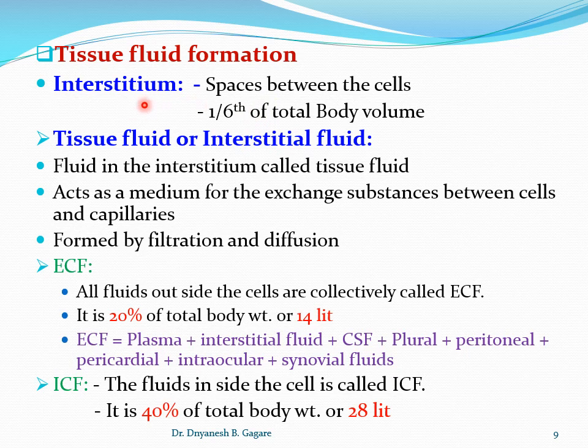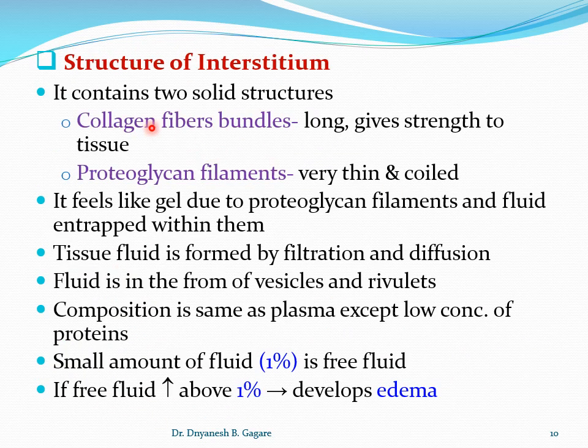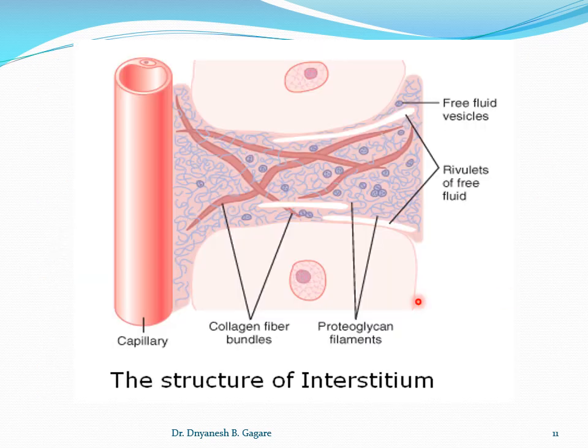Here we also summarized total body fluid: extracellular fluid is 20% and intracellular fluid is 40%. We also discussed the structure of the interstitium, which is the space between the cells.